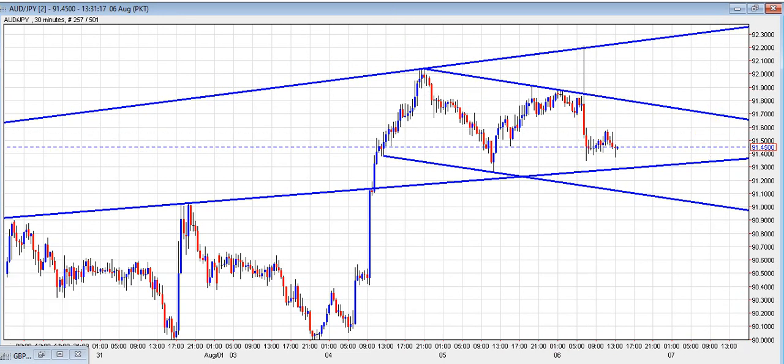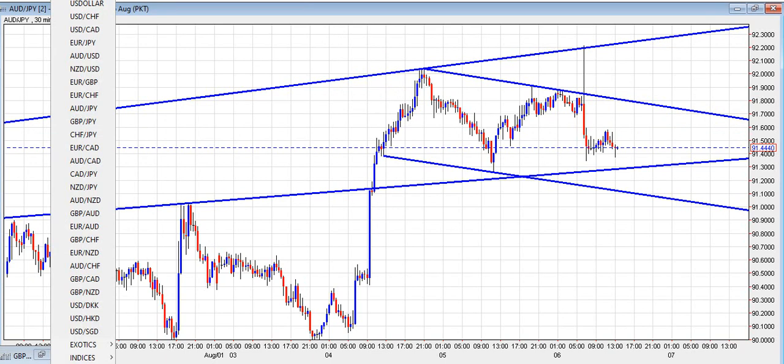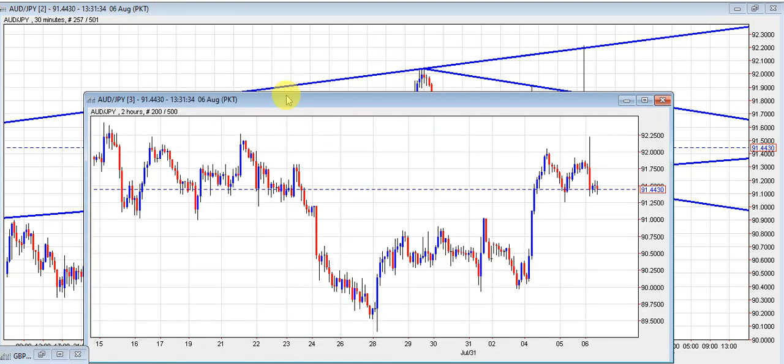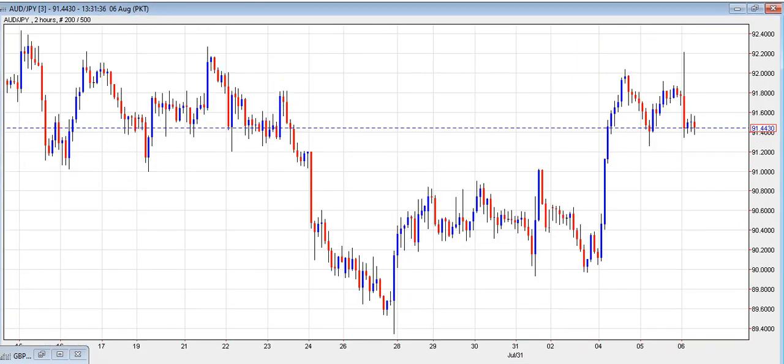So let's say you can do the same chart on any other time frame and try to get more confirmation, because what we're doing right now is only a 30 minutes time frame. So if I can find Aussie yen here and put it down on, let's say, 2 hours, we'll try to see what we can see out here.